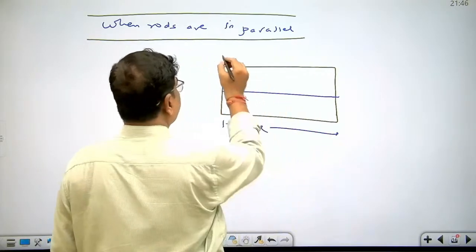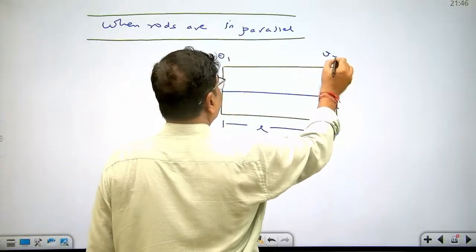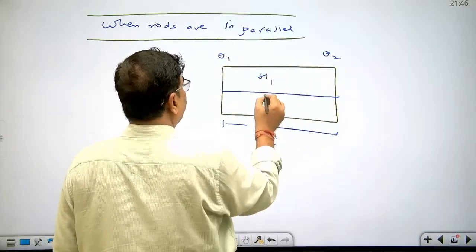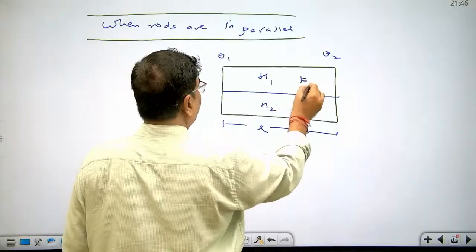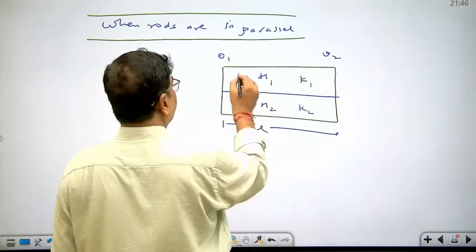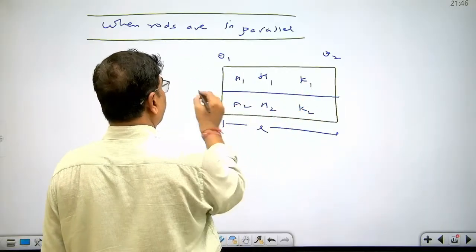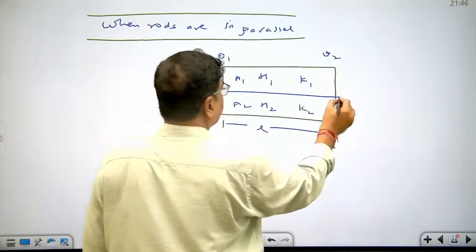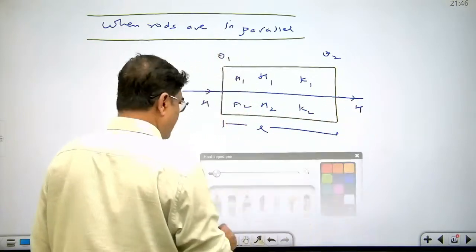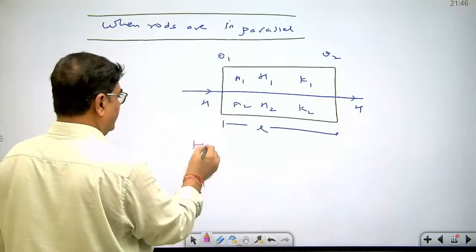This length is L, here is temperature theta 1, here is temperature theta 2, here heat currents H1, H2, coefficient of thermal conductivity K1, K2, cross section areas A1, A2, and total heat current H here and here. So we can write the equation H equals H1 plus H2.